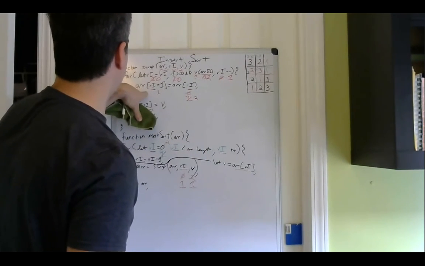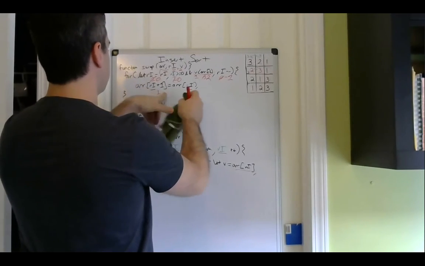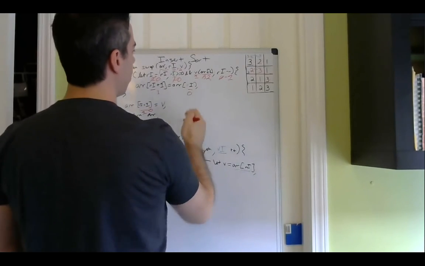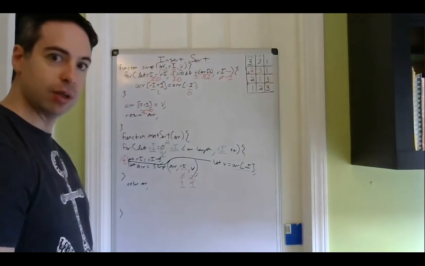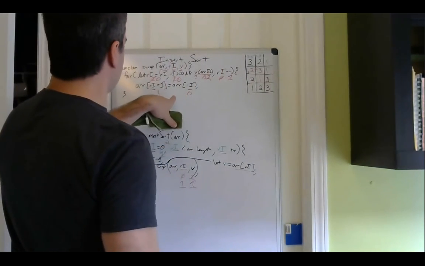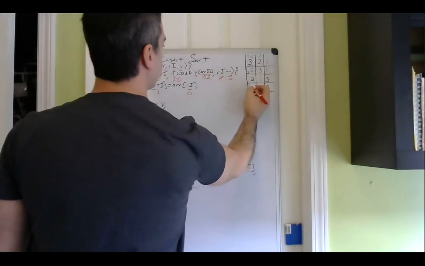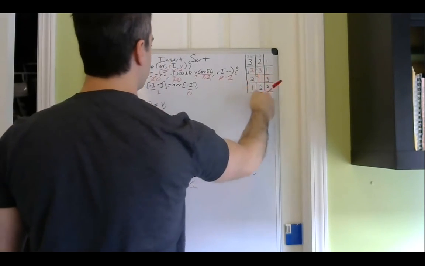Right index plus 1, that's 1, equals array of right index. That's okay, that should be 0. So what's going to happen there is, I lost my marker. Right here is going to be a 2 at first, so 2, 2, 3.